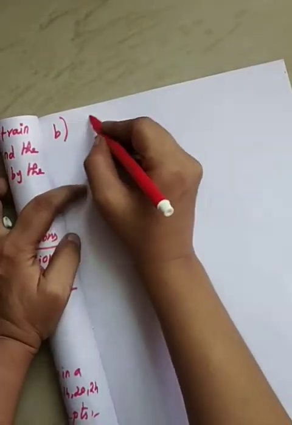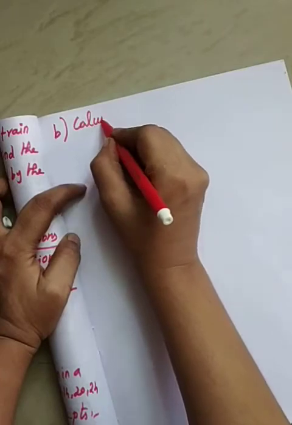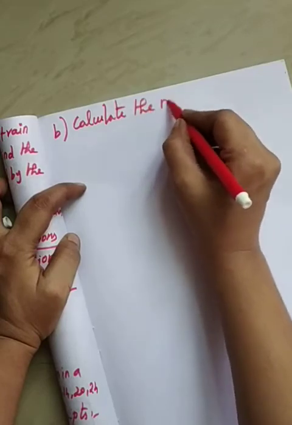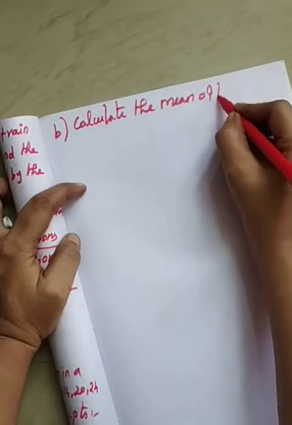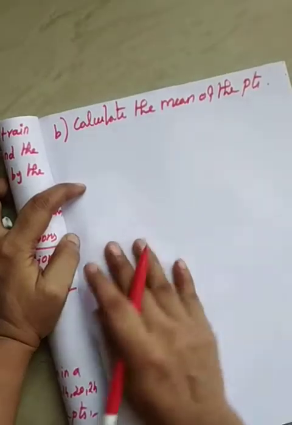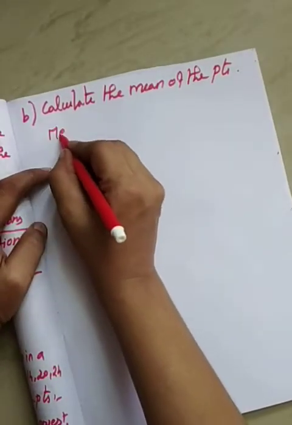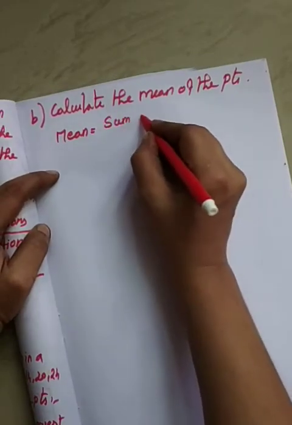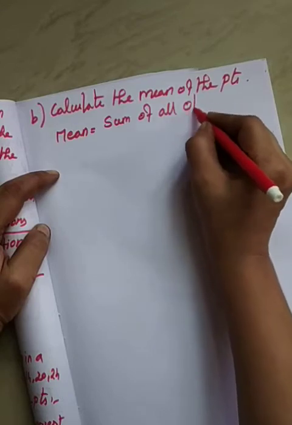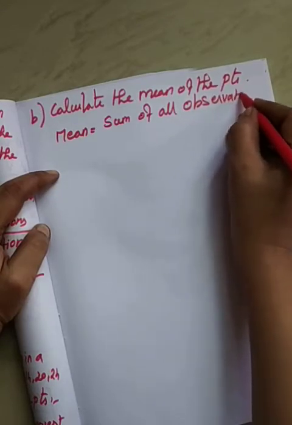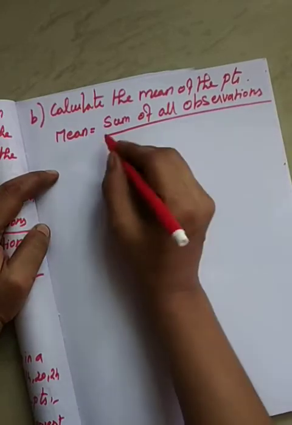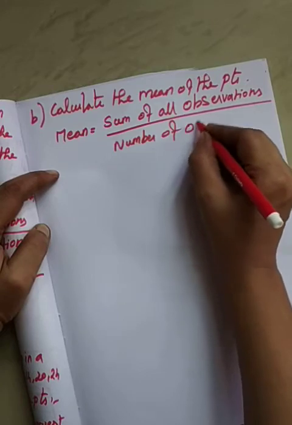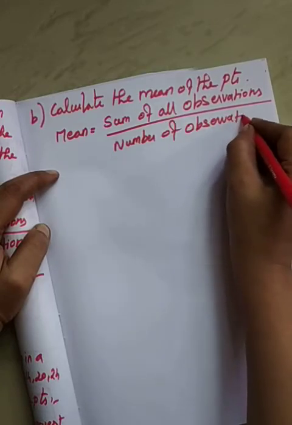See the next one. Calculate the mean of the points. See, write the formula first. Mean is equal to, what is the formula? Sum of all observations divided by number of observations.